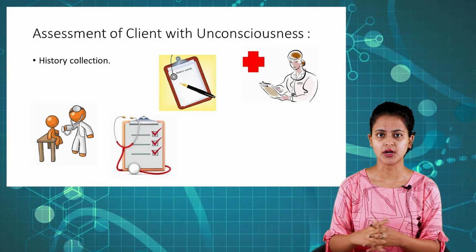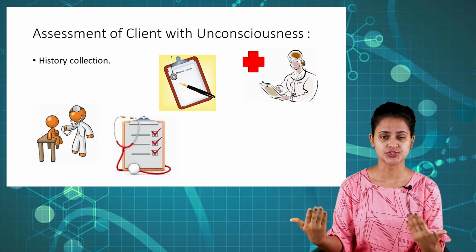There can also be symptoms like uncontrolled voiding of urine and stool. Often the client can present with excessive sweat, which we call diaphoresis. So these are all very common features which can be seen at the initial phase of a person who is going into an unconscious state.